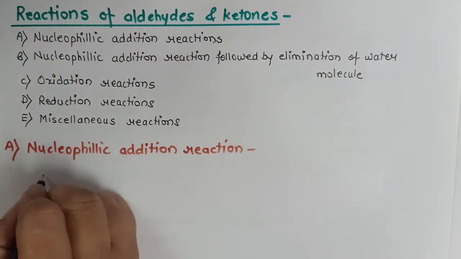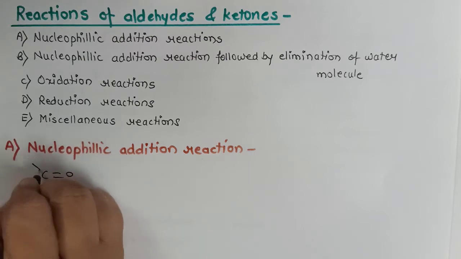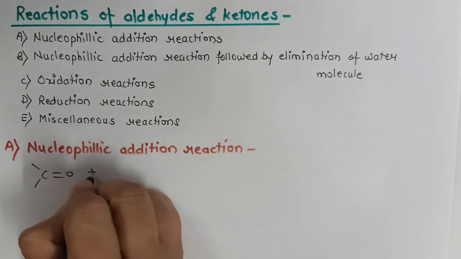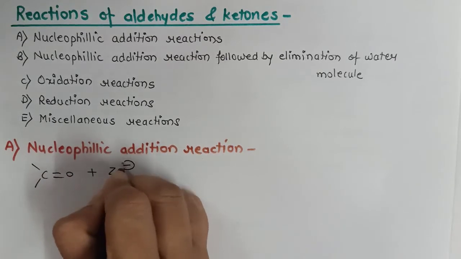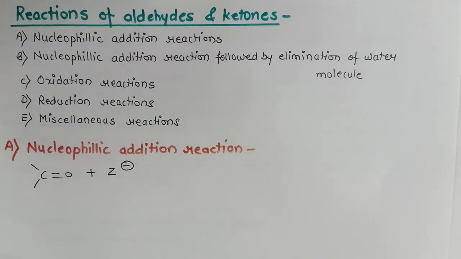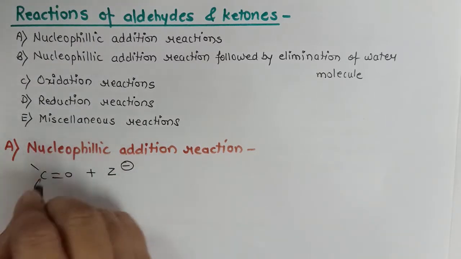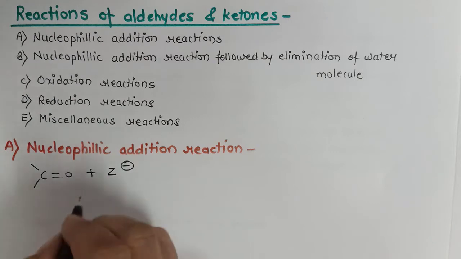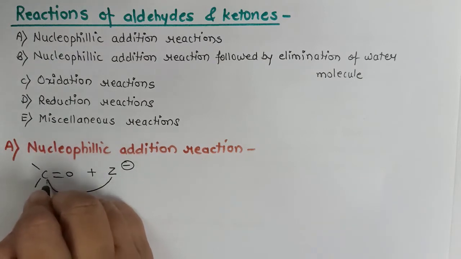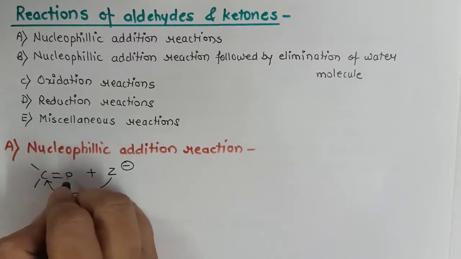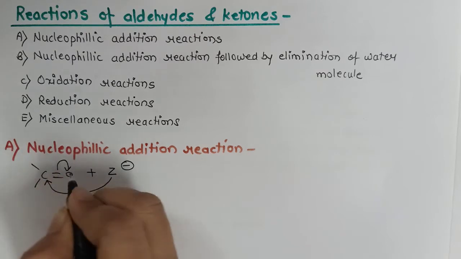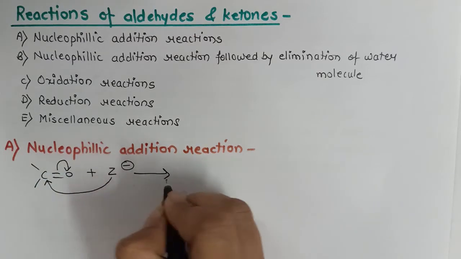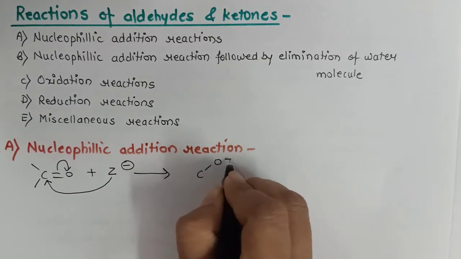Whenever any nucleophile attacks a carbonyl compound, I will take the example of Z minus as a nucleophile. Whenever it attacks, it will attack the carbonyl carbon. The doubly bonded electrons will move to oxygen and we will get a tetrahedral intermediate.